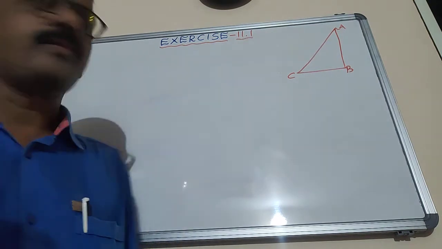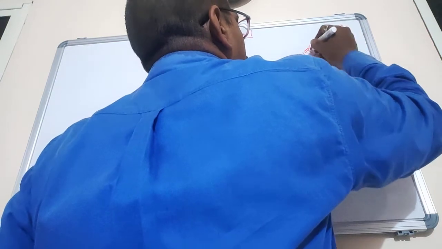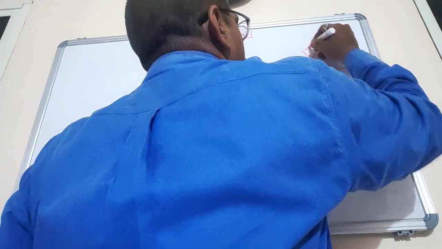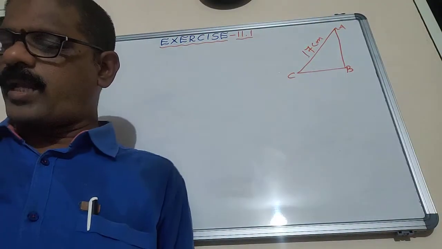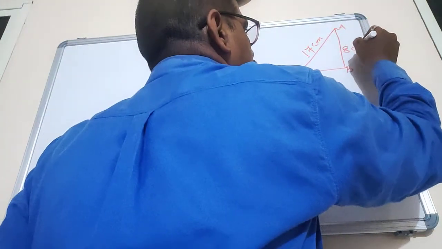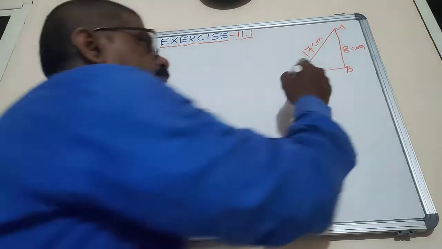So AC, that is CA, is 17 centimeters. The next one, AB, is given to be 8 centimeters. BC is given to be how much? 15 centimeters.